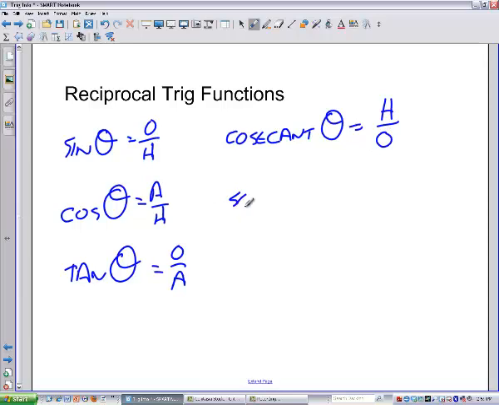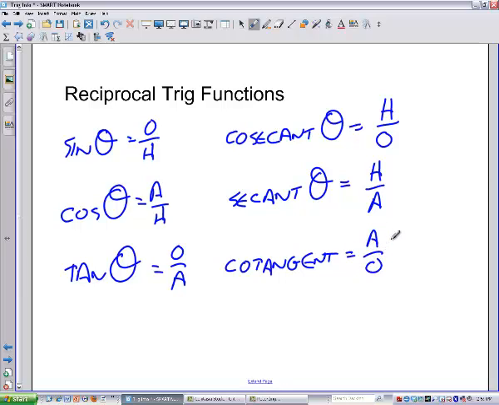Then we have the secant of theta, which is the ratio of the hypotenuse to the adjacent. And then we have the cotangent, which is the ratio of the adjacent to the opposite. We abbreviate these CSC for cosecant, SEC for secant, and COT for cotangent.